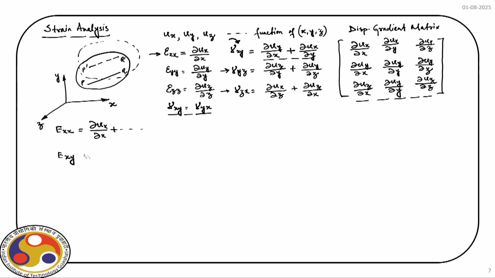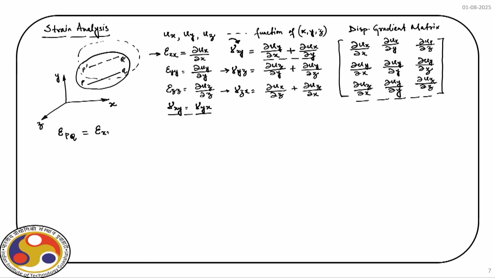Not only that, we also quantified the strain that this line PQ experiences. So, it is E of PQ we have derived, and let me write down epsilon, because we consider the linear variation only.